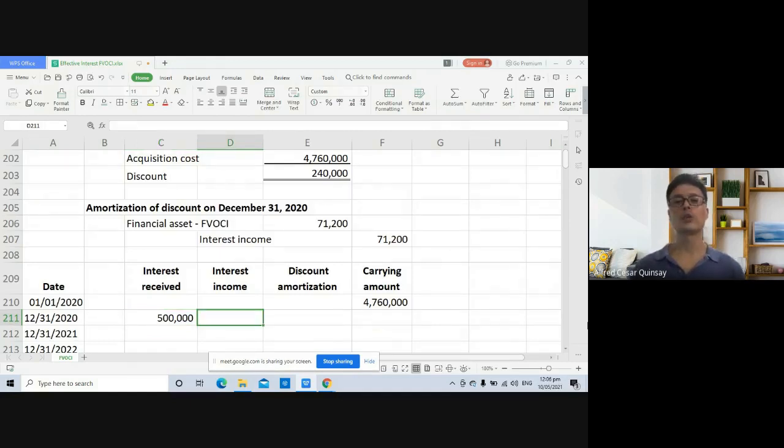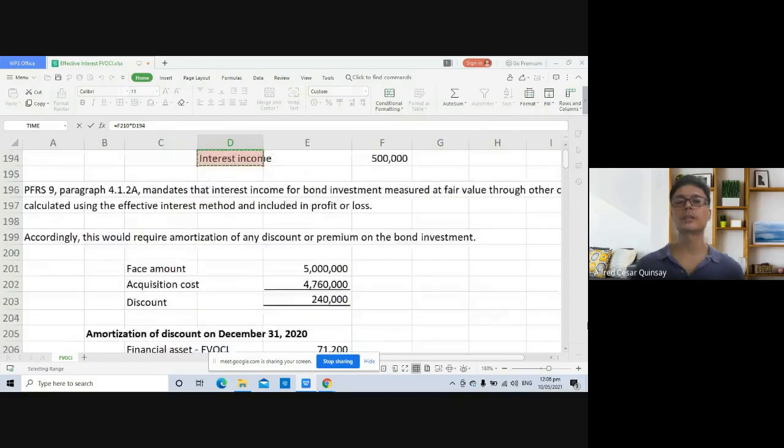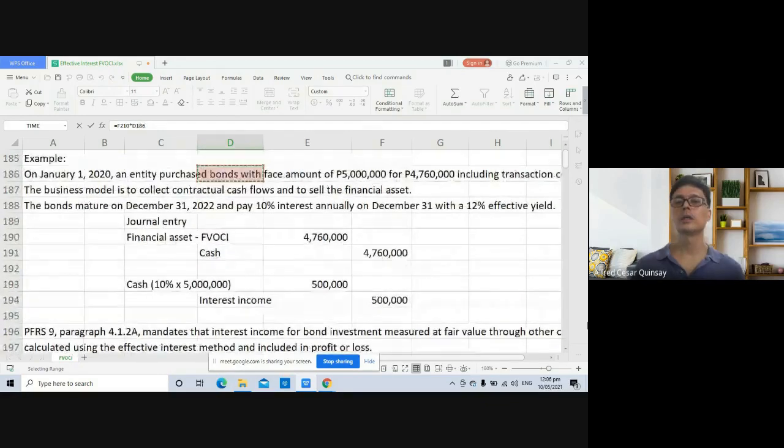And then the interest income is based on the carrying amount times the effective interest. How much is the interest? It says here 12% effective interest, because this is at a discount.